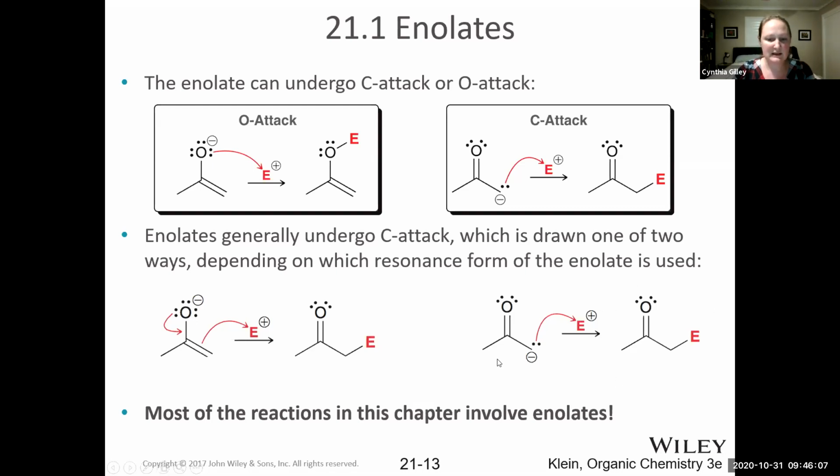Either one of these resonance contributors is acceptable, and that's because, of course, we typically just have to draw one or the other resonance contributor with the full knowledge that the lone pair in question is delocalized. The majority of the reactions in this chapter involve enolates, so it's going to be very common to show a nucleophilic attack of an enolate.